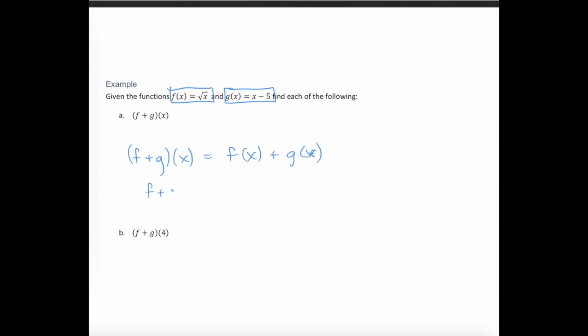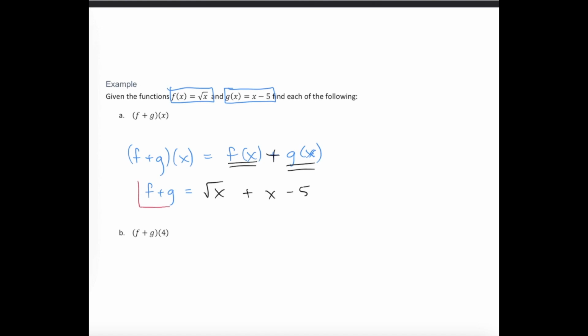So the f plus g function, and actually in this line, I'm going to drop the of x bit to have an even shorter shorthand, is going to be determined by taking the f function, which is square root x, and adding the g function to it. And the g function is x minus 5.